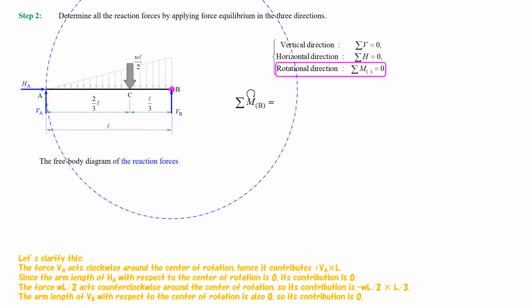The force VA acts clockwise around the center of rotation, hence it contributes plus VA multiplied by L. Since the arm length of HA, with respect to the center of rotation, is 0, its contribution is 0.